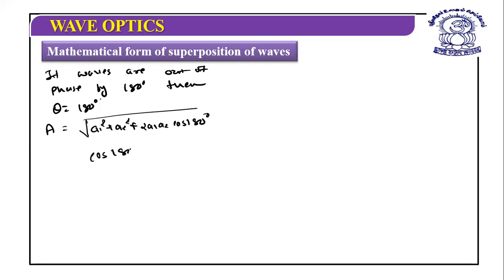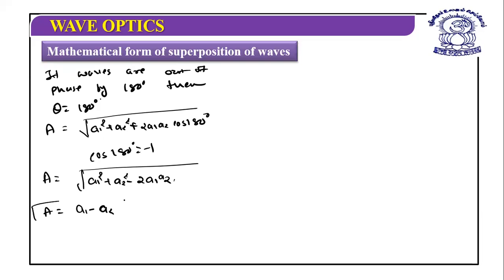But cos 180 degrees is minus 1. So A will be under root A1 square plus A2 square minus 2 A1 A2. This will give us the answer A1 minus A2.